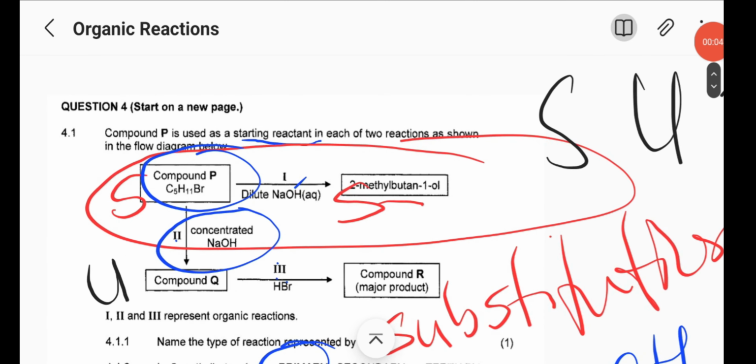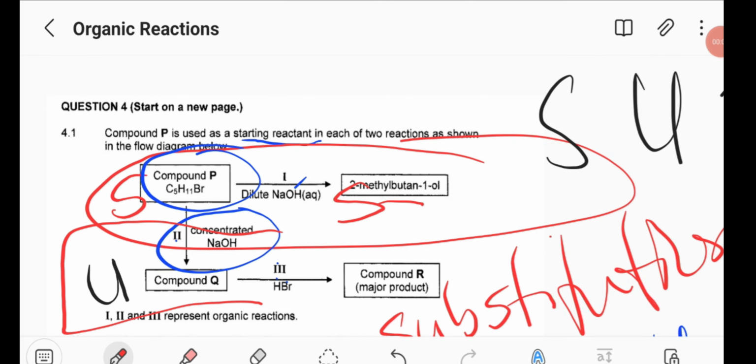Compound Q. So there is compound Q. Remember that we started with a haloalkane, and then we ended up with an unsaturated compound Q. We just mentioned that compound Q is unsaturated because of the conditions that were met there, concentrated sodium hydroxide.